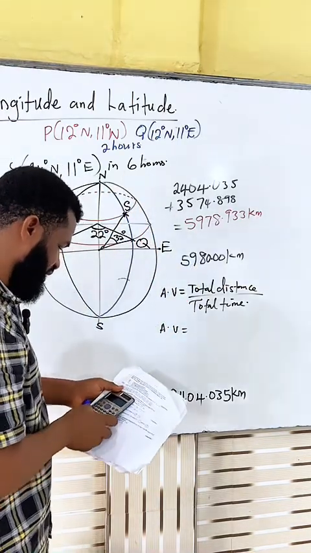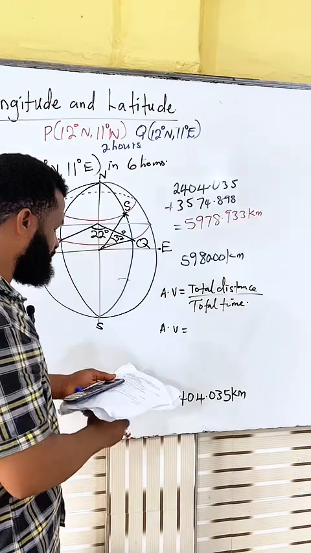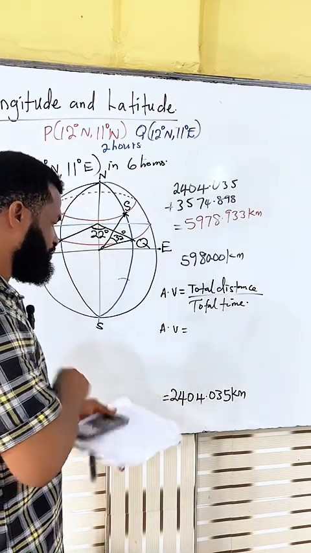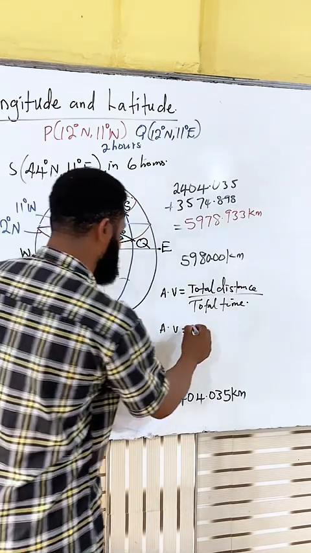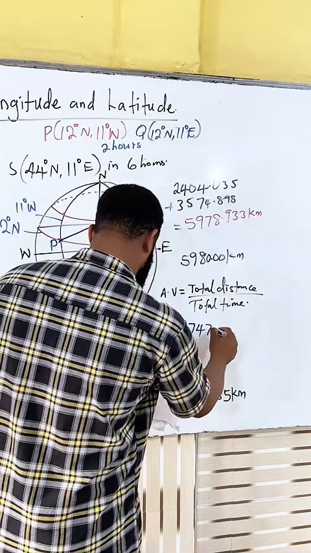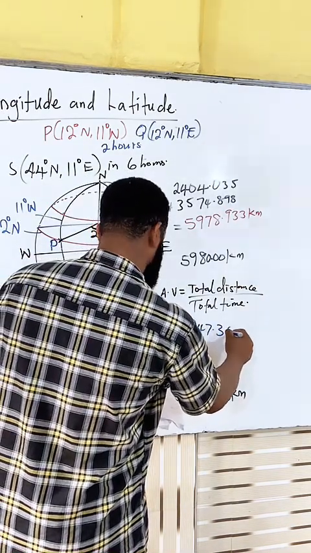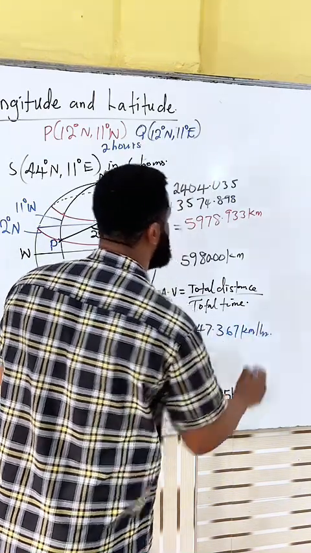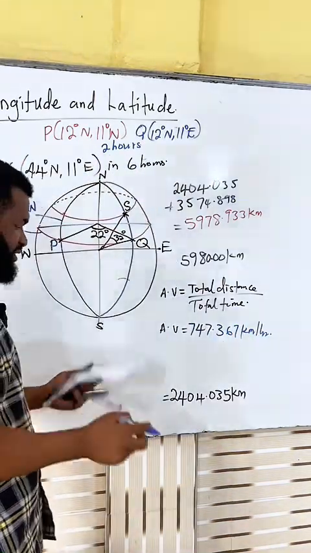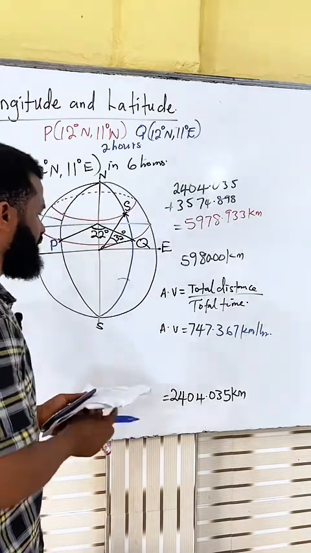I'll have 747.367 kilometers per hour. So that is the answer.